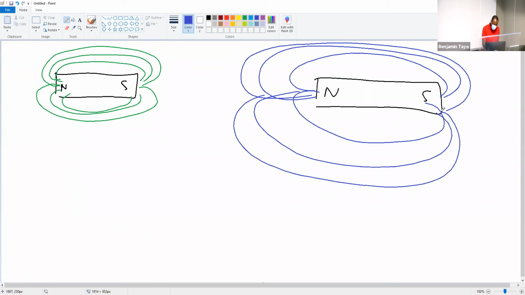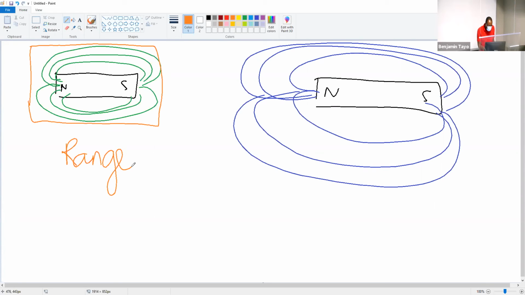So what I want you to see here is that that region here is the range. So it means that if I were to place an object here outside that range, the magnet is not going to pull it. Does that make sense?